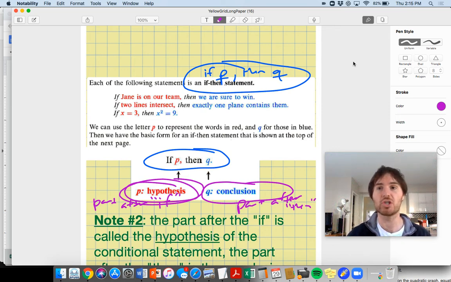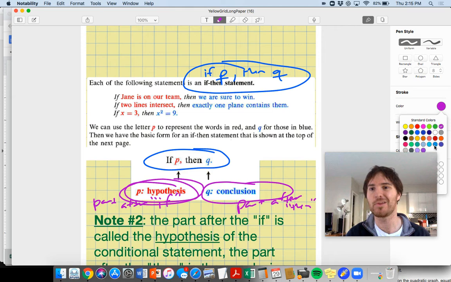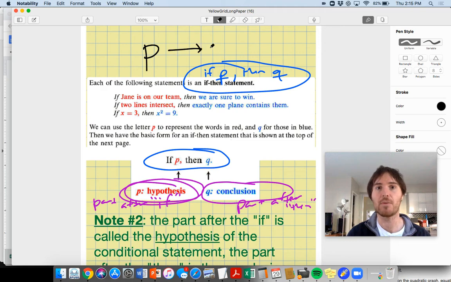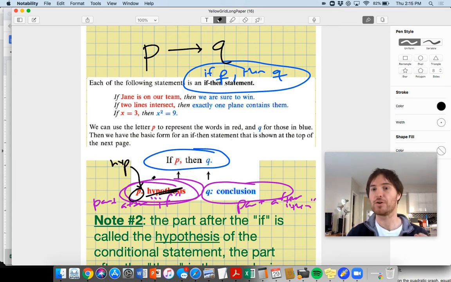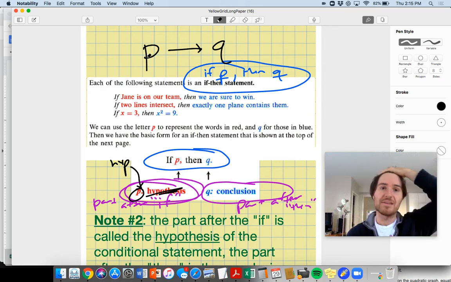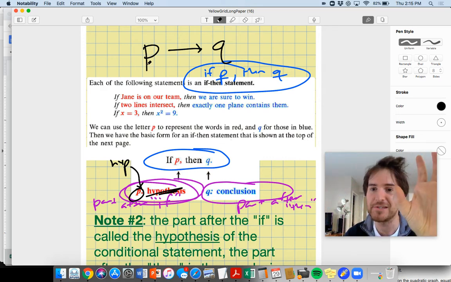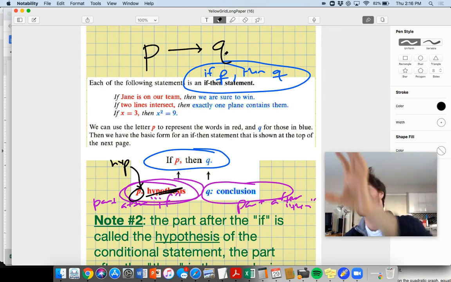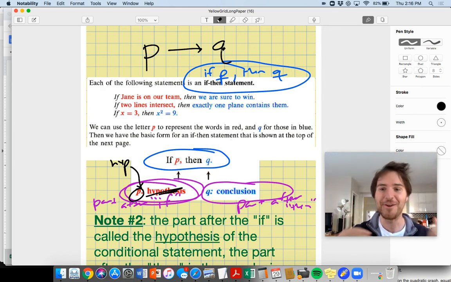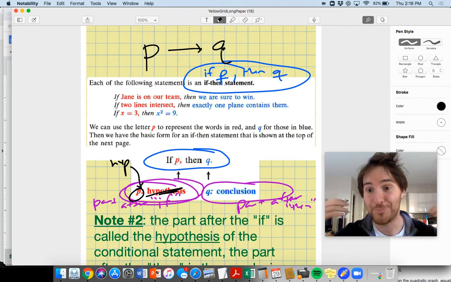So anyways, I just wanted to show you the letters they use. When we're talking about an if-then statement, I'm referring to the hypothesis, so I'm referring to P. The hypothesis gets abbreviated by this letter P. P actually stands for something called proposition, which I won't get into right here, but this is a hypothesis proposition followed by a conclusion proposition, and together they form an if-then proposition, okay?